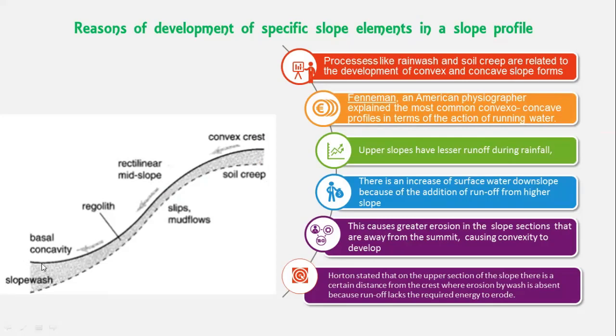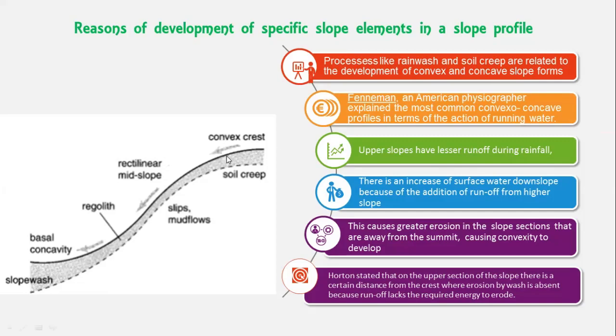Rainwash and soil creep regulate the convexity or the concavity. We had an American physiographer by the name of Feynman, and he explained the most common convex or concave profiles in terms of running water.